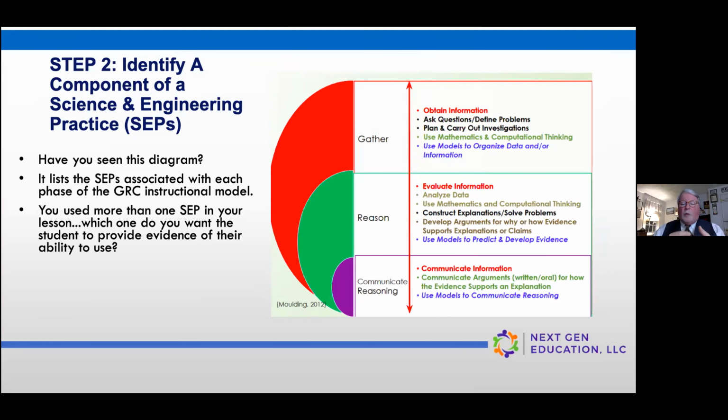But what you want to do in your lesson is, just as you all had a nice discussion, it doesn't mean that John's lesson is right because it's using models, and the same lesson when Myra was reviewing it uses argument. That doesn't mean they're wrong. It means you're focusing on different practices for the same lesson to get that information that you as the teacher want to get.